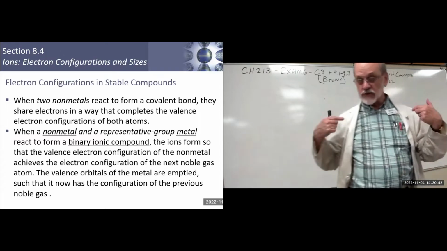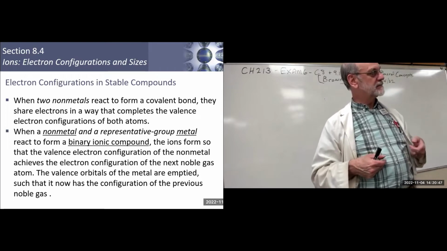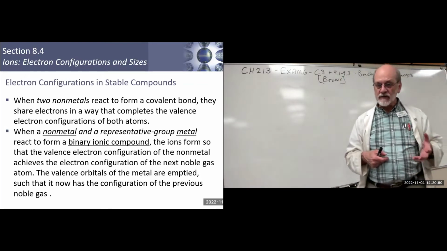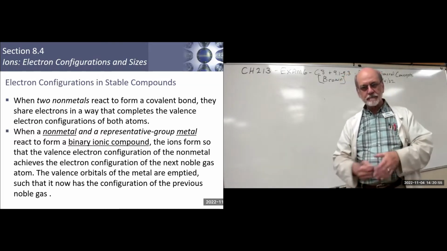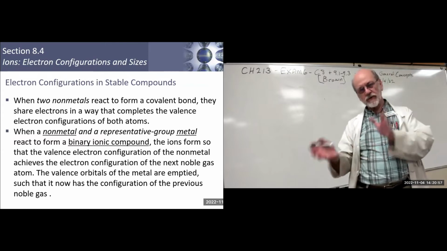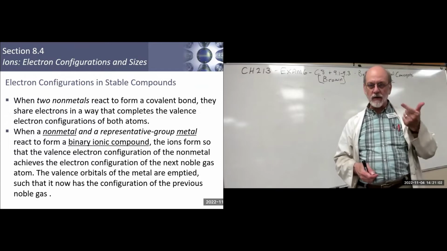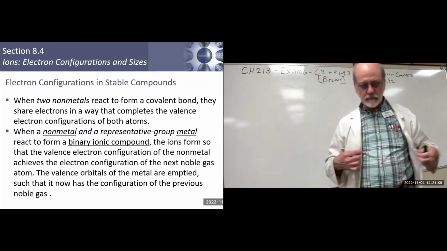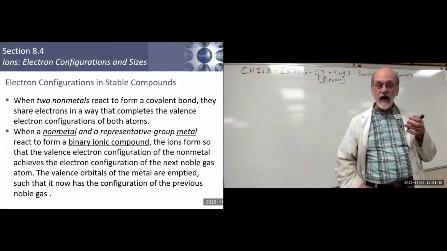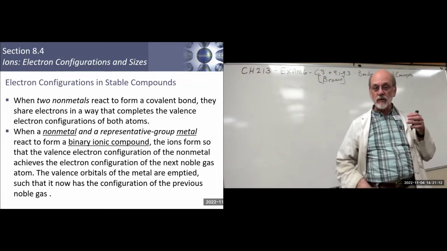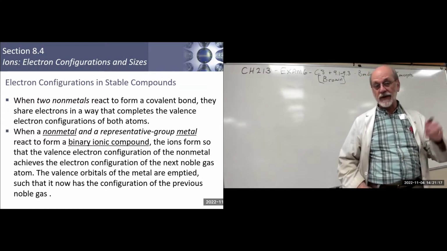We're talking about those that we just discussed, like tin and lead and thallium and bismuth. They're all metals, but they're in the representative group, which means p orbitals. Well, p orbitals for them; representative group also includes s orbitals for the alkali metals and the alkaline earths. The ions form so that the valence electron configuration of the non-metal achieves the electron configuration of a noble gas. And the metals just, they're happy to give up their electrons.